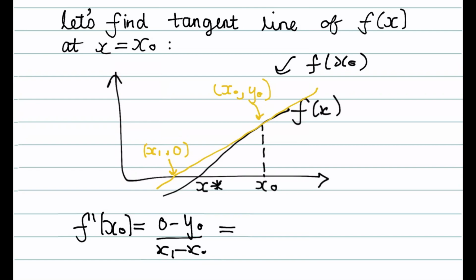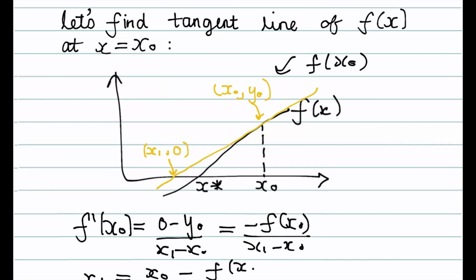And this can also be rewritten as f(x naught) over x1 minus x naught. If we isolate x1, we'll get that x1 is equal to x naught minus f(x naught) over f prime(x naught).